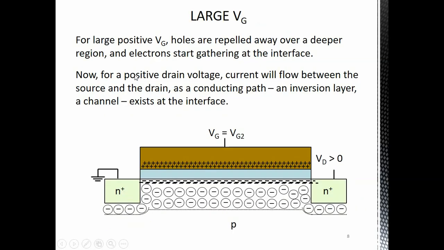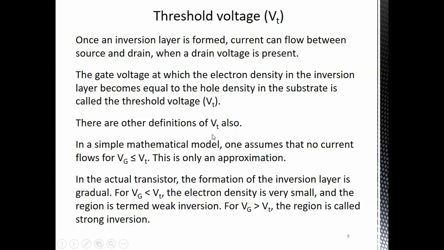So if we go back here, as we increase the gate voltage, the electron density in the inversion layer is increasing. At some gate voltage, this electron density, which is the number of carriers per unit volume, becomes equal to the number of holes here in the neutral region. At that voltage, we say that gate voltage is defined as the threshold voltage.